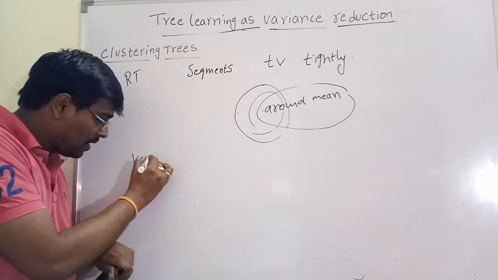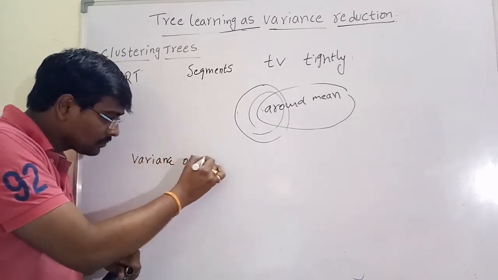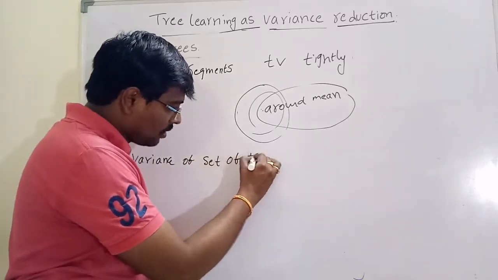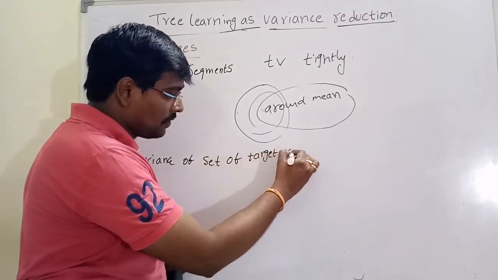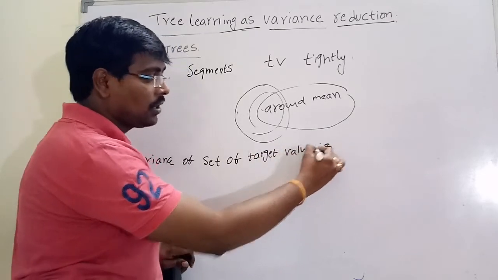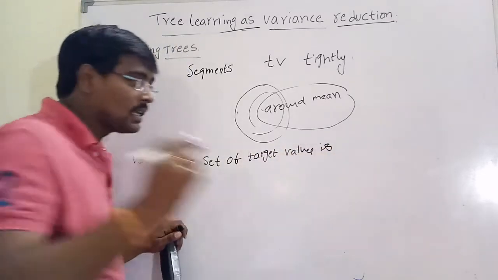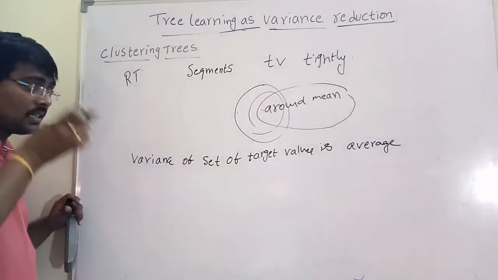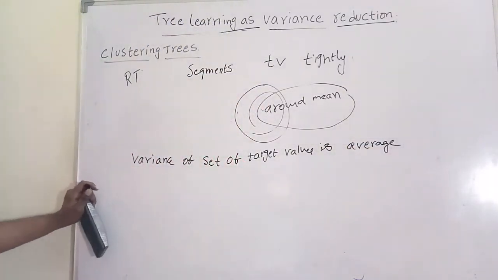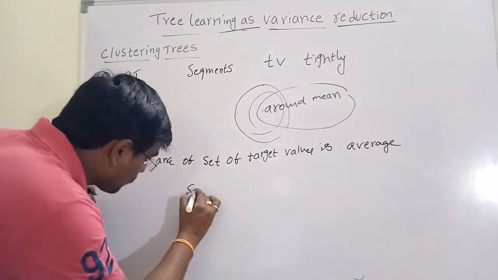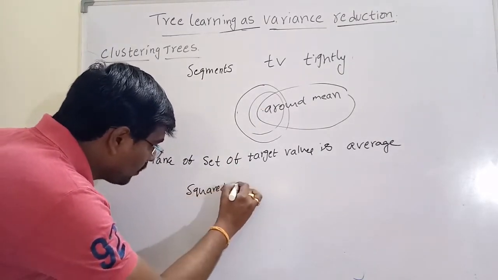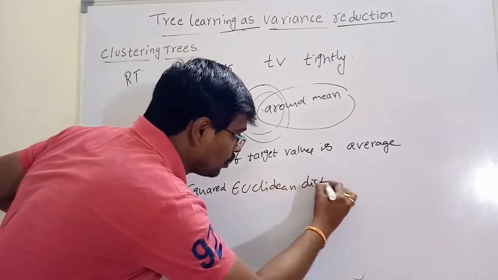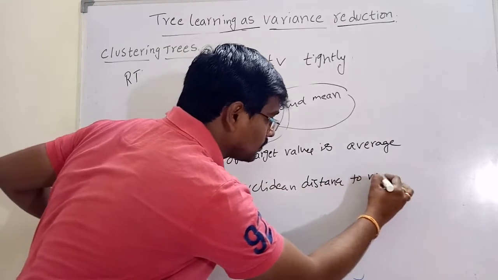And the variance of a set of target values is the average squared Euclidean distance to the mean.